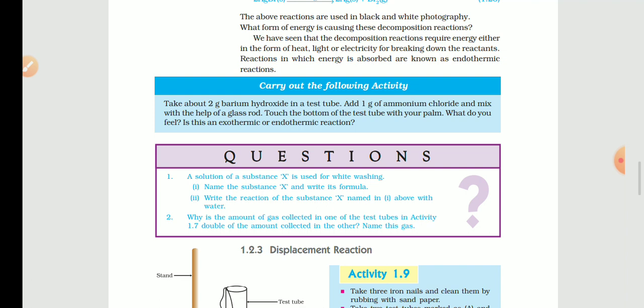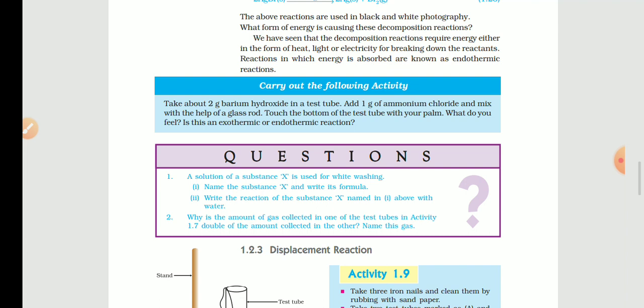Now look at this activity. You can see on page number 10, carry out the following activity. Take about 2 grams of barium hydroxide. You must be careful while writing the formula of these things. I have told you to write the formula, you need to know the valency.